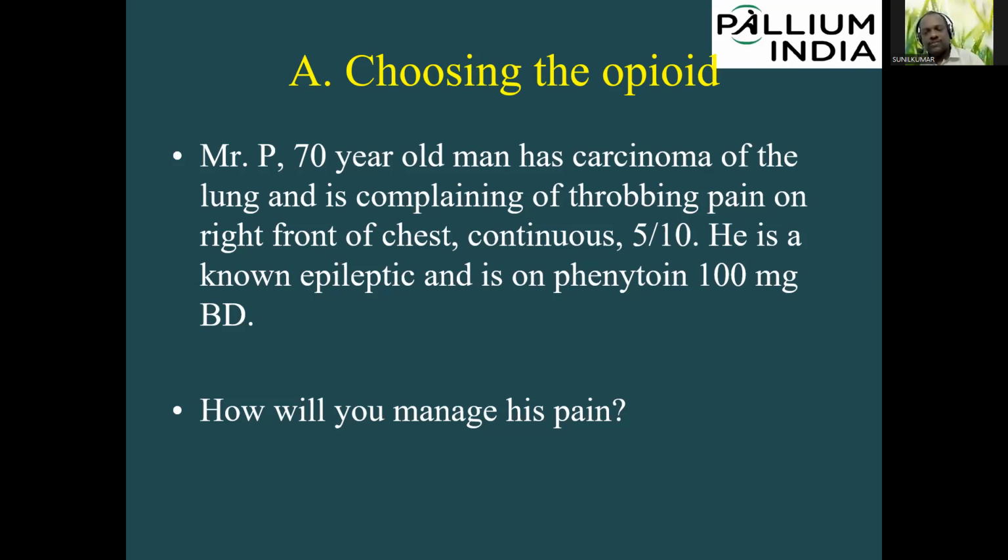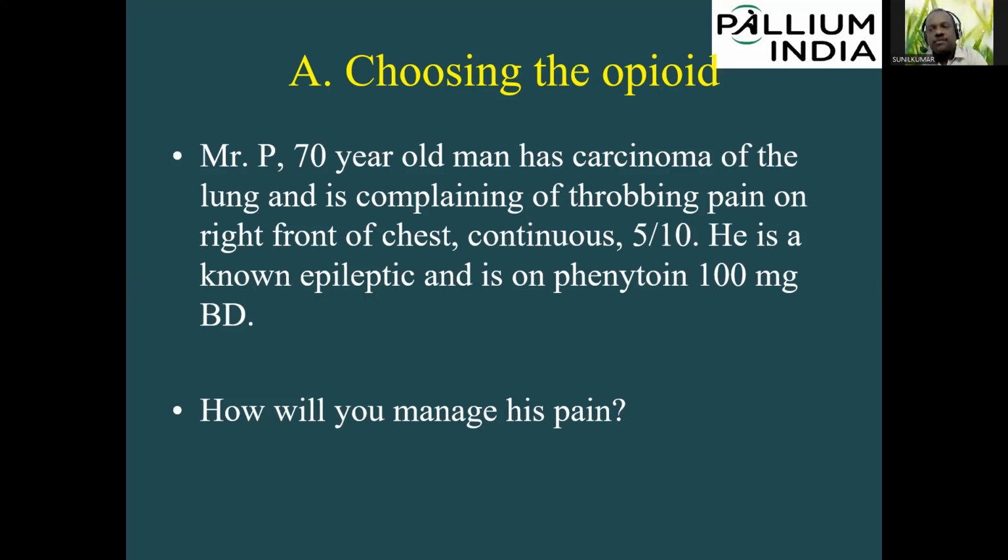But what is the problem with tramadol? Anybody in this particular situation? Vomiting. There is a side effect of nausea and vomiting. Yeah, that is common for all opioids. Actually, tramadol can reduce the seizure threshold.